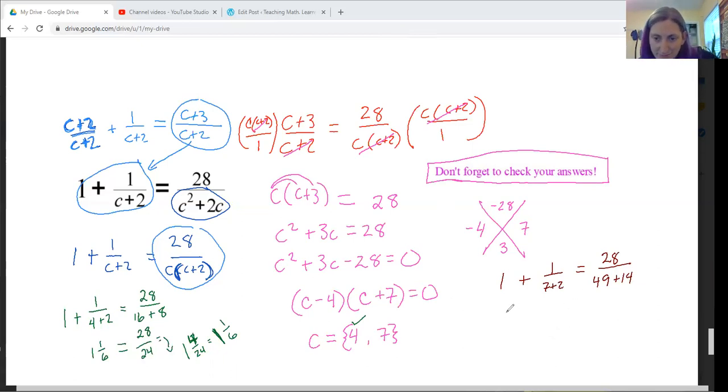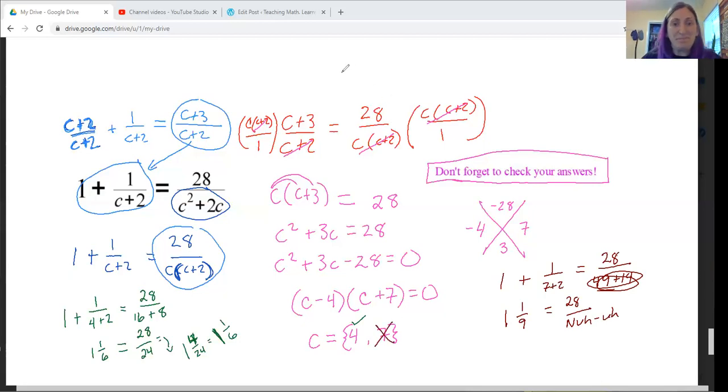All right. 1 1/9 is equal to, that doesn't look right, does it? Because it's already wrong. Look, 28 is smaller than 49 plus 14, so it doesn't even matter what 49 plus 14 is. It's going to be, nuh-uh, right? So 7 is an extraneous solution.